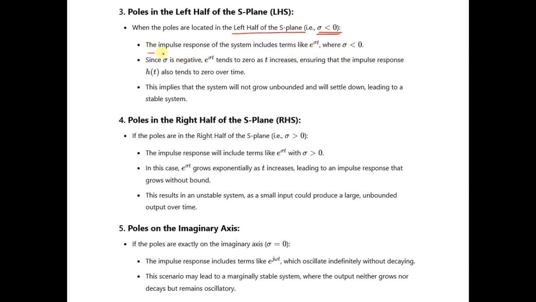The impulse response of the system includes a term like e^(sigma t), where sigma is less than 0. Since sigma is negative, e^(sigma t) tends to 0 as time increases, ensuring that the impulse response h(t) also tends to 0 over time. You're getting my point?